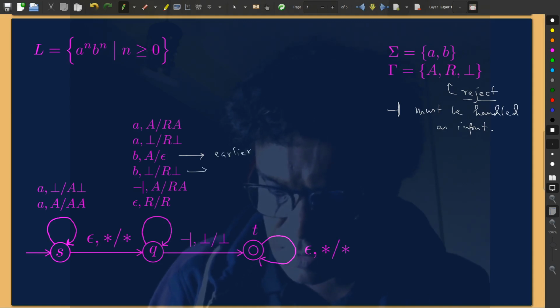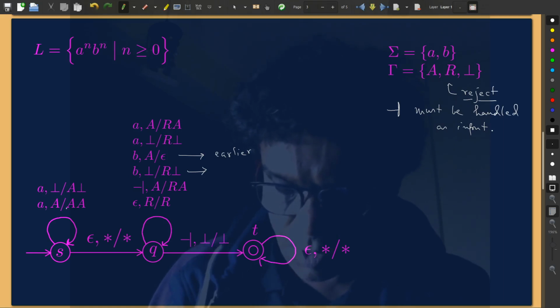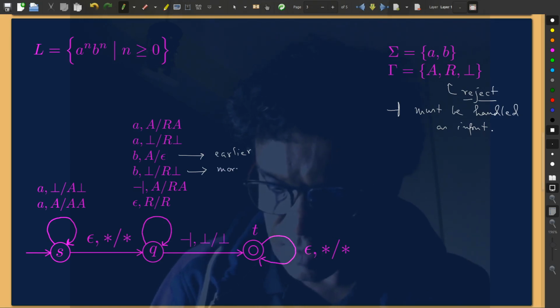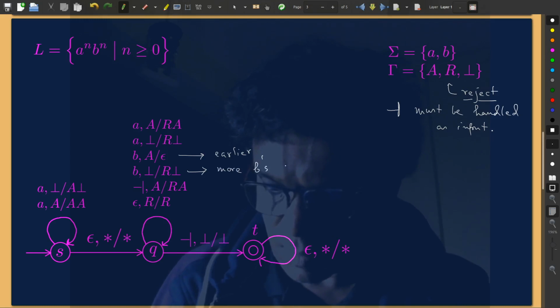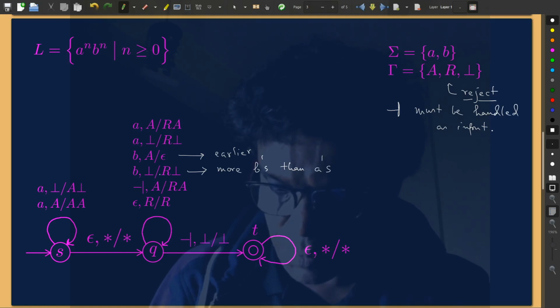This essentially means more B's have come than capital A's were pushed onto the stack. So this essentially means more B's than A's, and therefore this must be rejected. And this is done by pushing this R to the top of the stack. Now this state is meant for reading B's only, and at the end, this end marker.